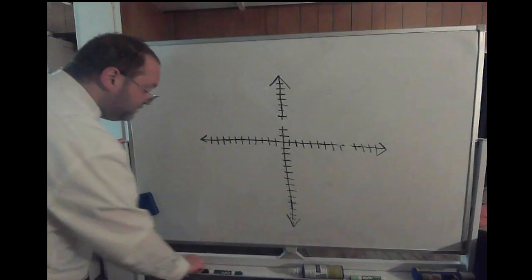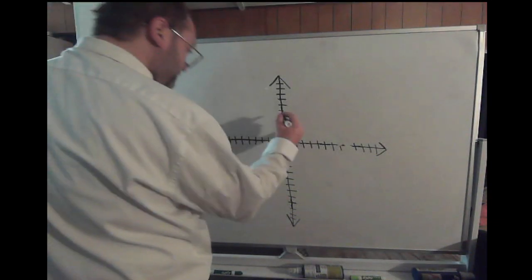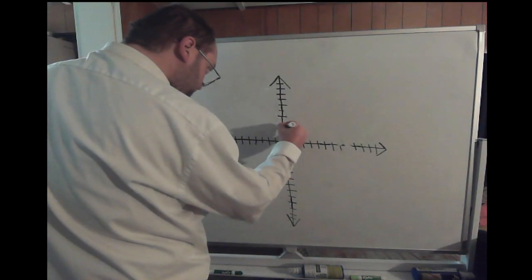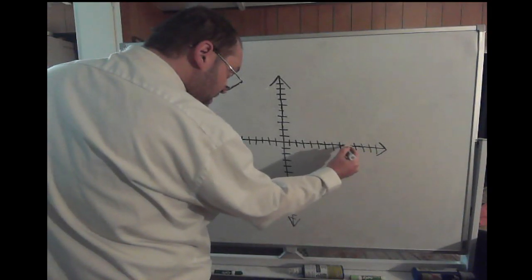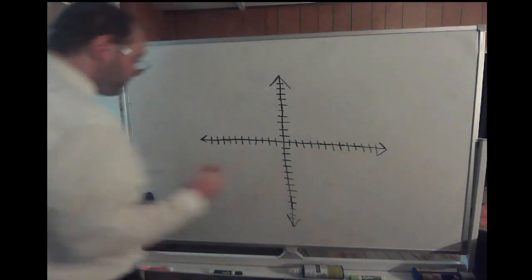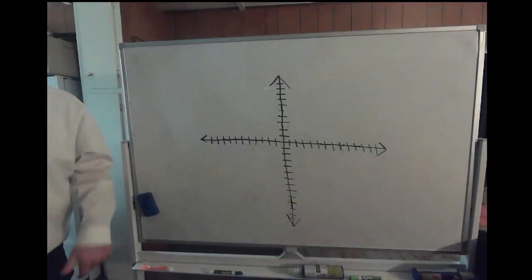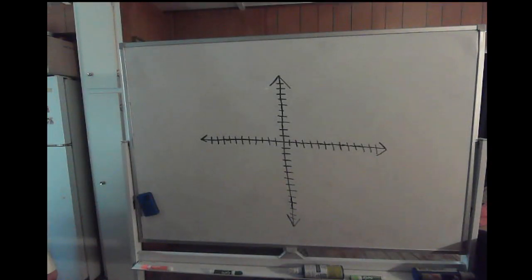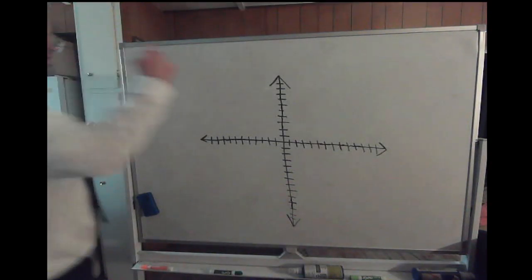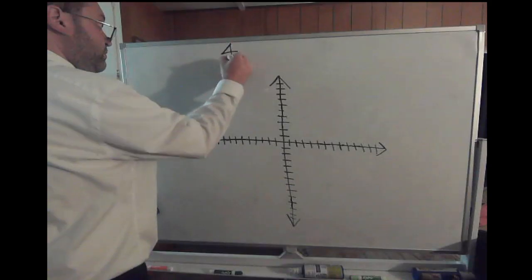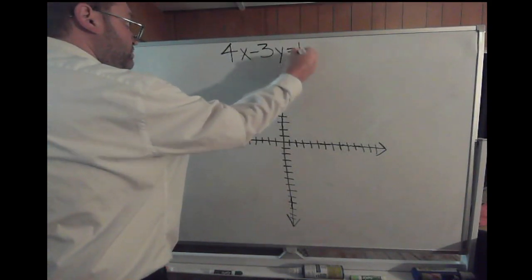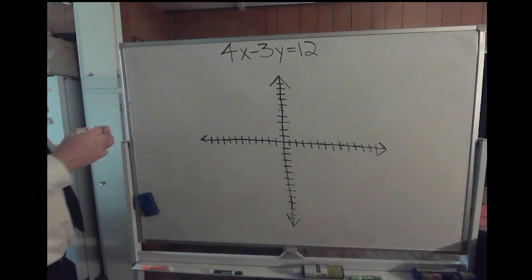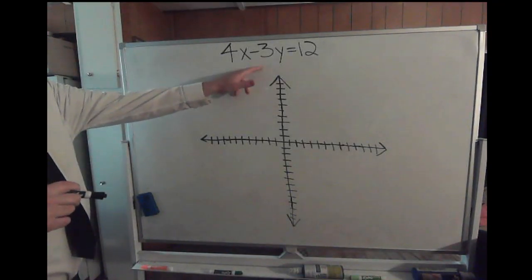All right. So 4x minus 3y equals 12. So we have 4x minus 3y equals 12.